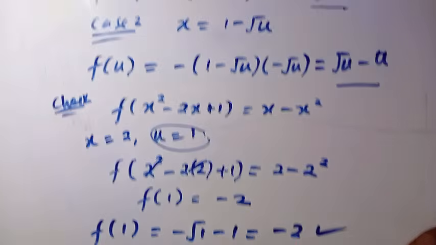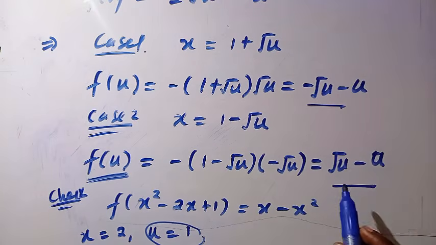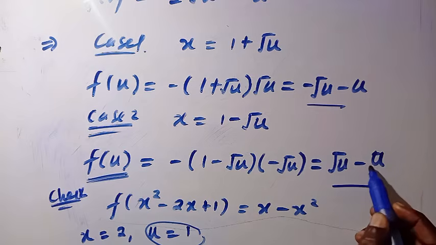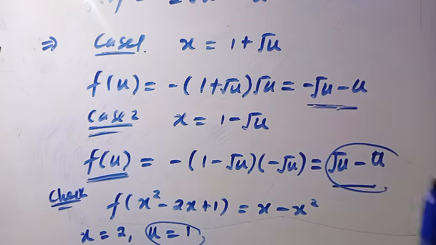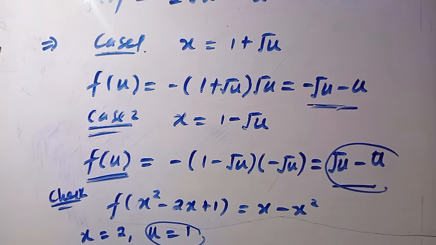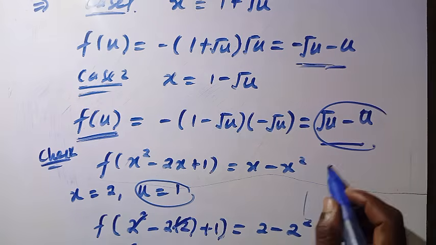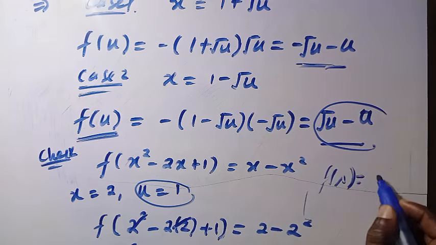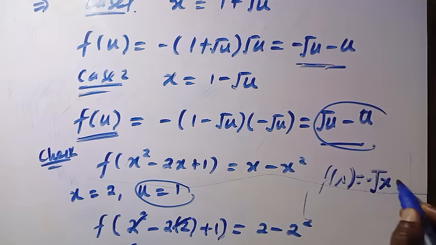This shows that f of u equals square root of u minus u is not correct, so the other one is the correct answer. So we can now put it in a summary that f of x equals minus square root of x minus x. This is the solution to this.